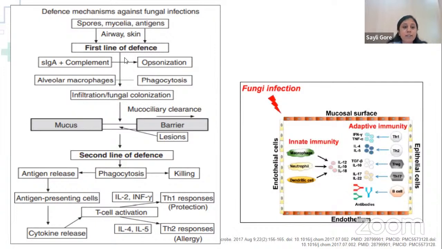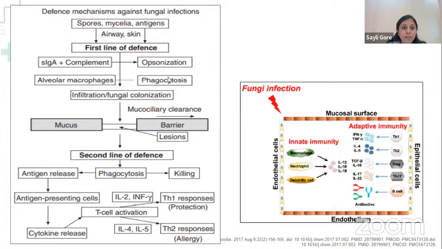Innate immunity is the first line defense that is activated by the macrophages, the neutrophils, and the secretory immunoglobulin A and complement. They go to the site of fungal entry, and that is called opsonization. They recognize the fungal organism, ingest it, and eliminate it. So that is called phagocytosis.